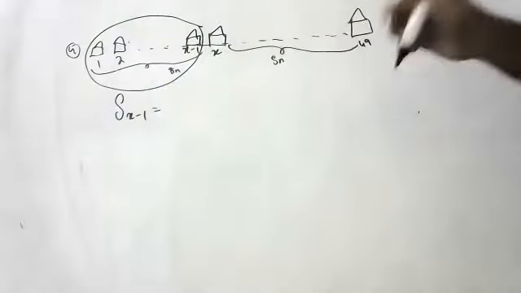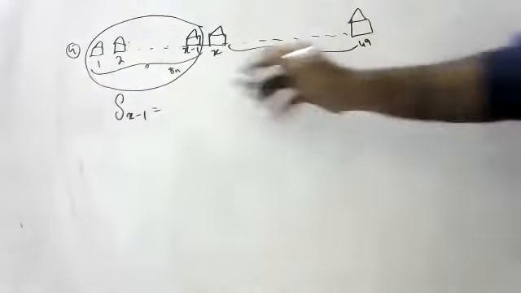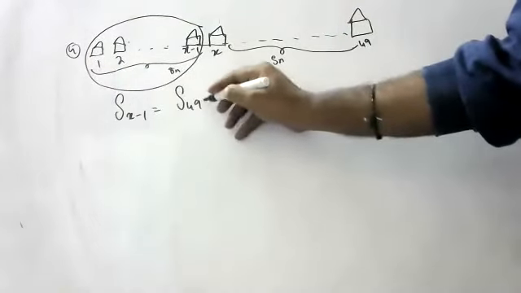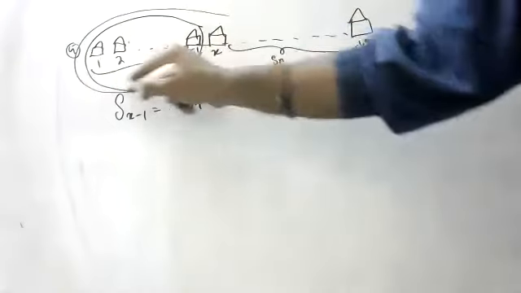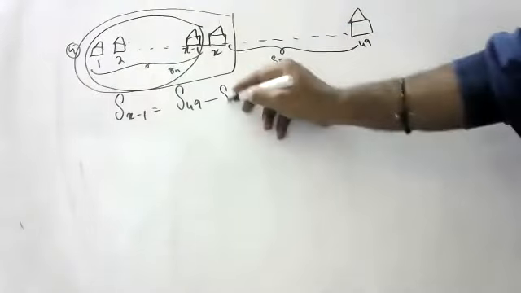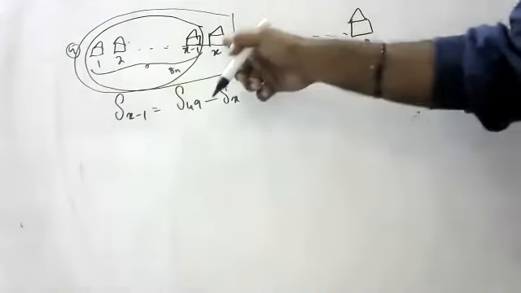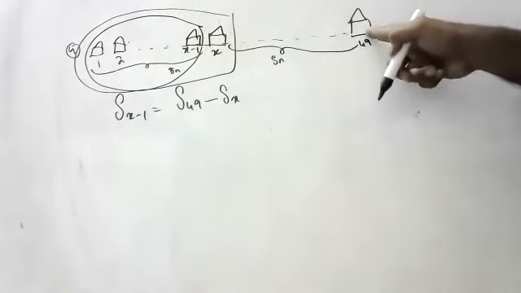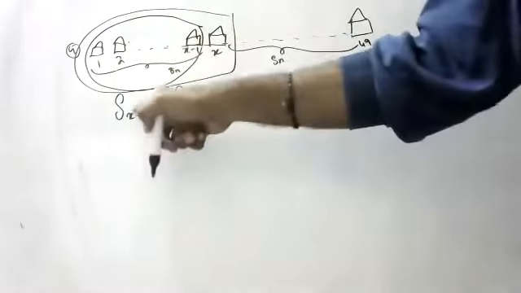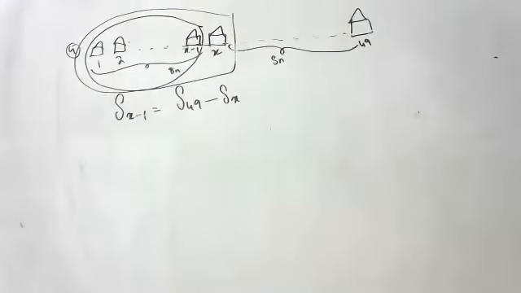S49 means the total from here to here. From 49 you remove this much, then you will get this one. Understood? The sum of before is equal to the sum of after. So from 49 you remove till x, then you will get the remaining.